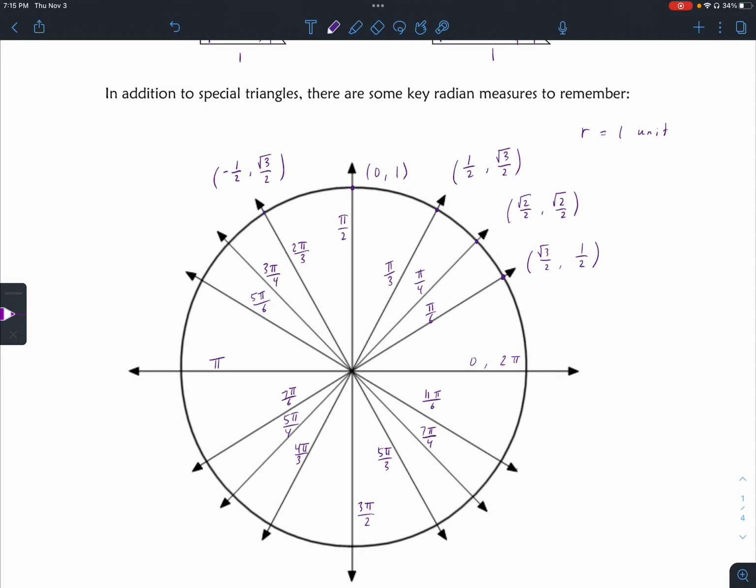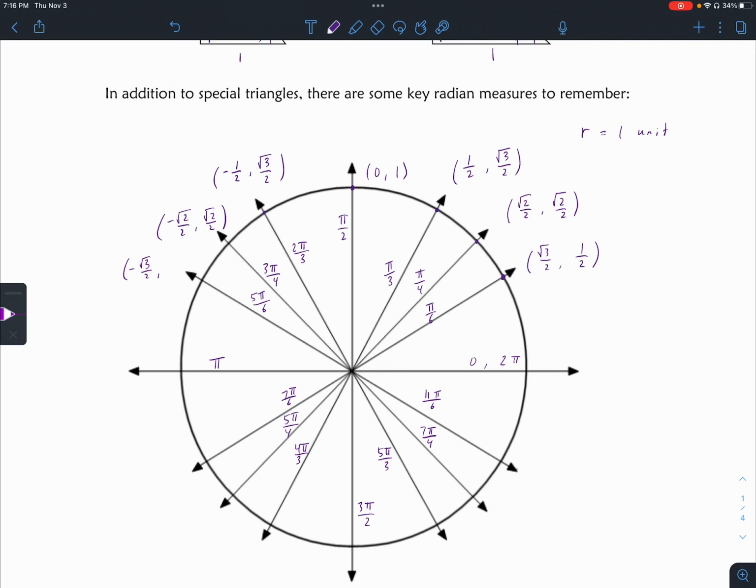Now for 3 pi over 4, so 135, negative root 2 over 2 and root 2 over 2. And then for 5 pi over 6, so cosine of it is going to be negative root 3 over 2.